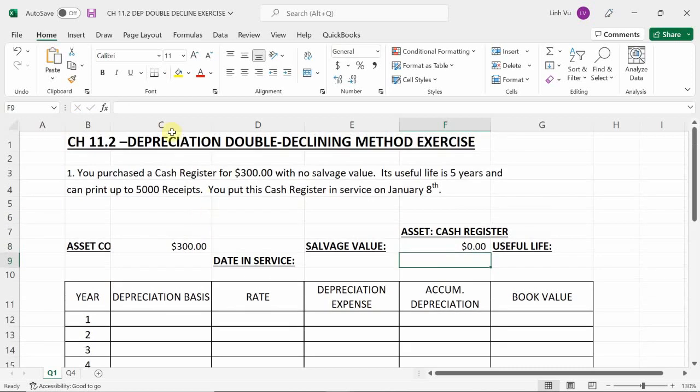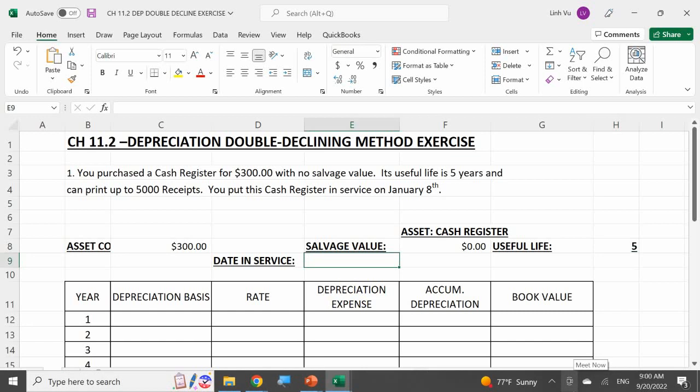What's my estimated useful life? 5 years. You got 5 years on this machine. And when did you place it in service? January 8th. So when do I actually start depreciating this asset? It's going to be from the 1st of January to the end of December. Correct. So that means I am going to depreciate it for 1 whole year.